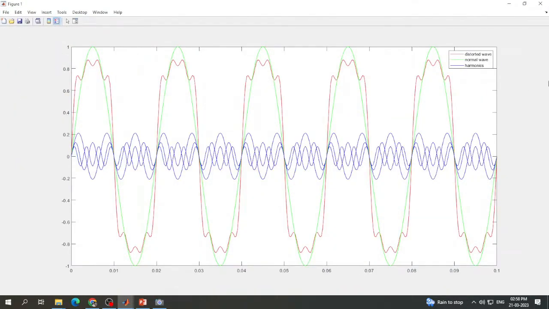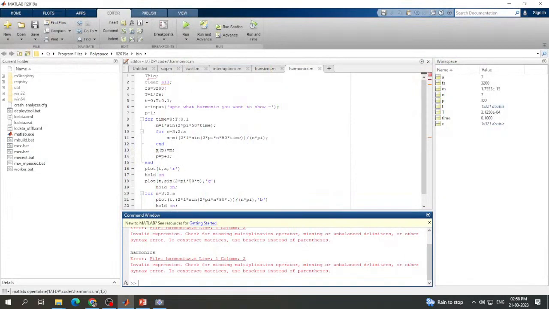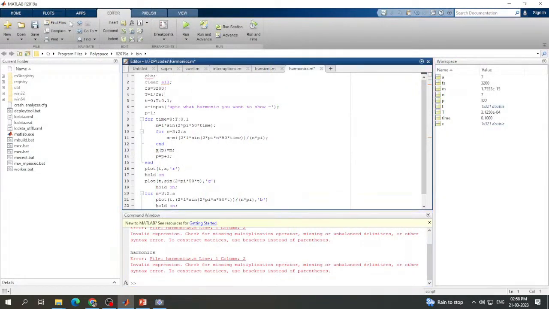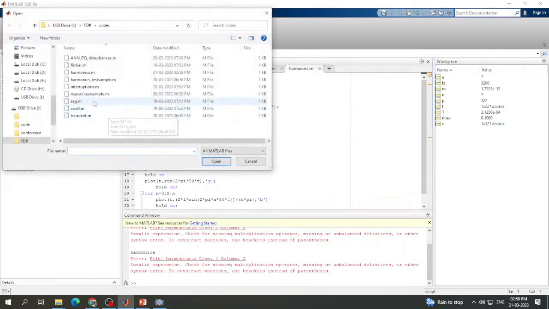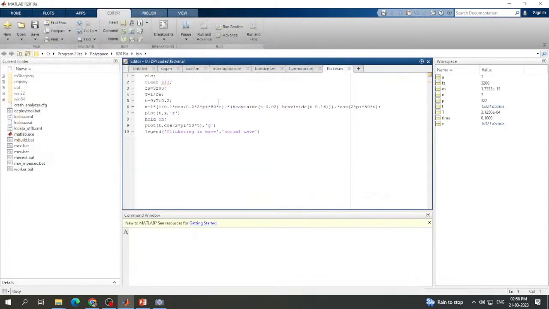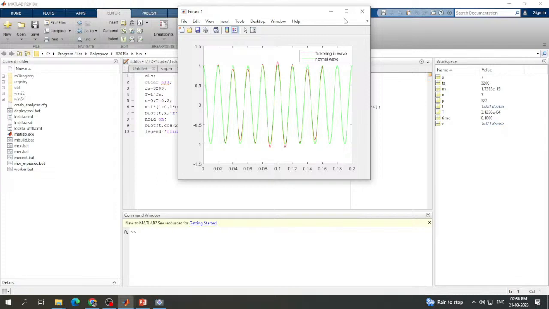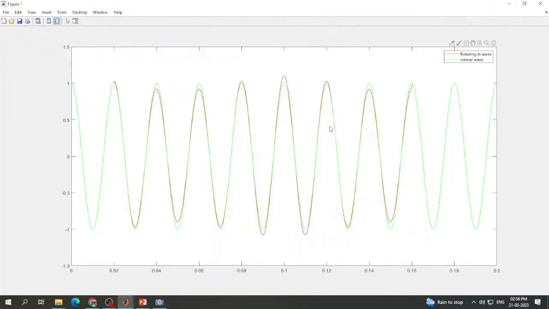This is the harmonic signal or harmonic disturbance. Green again is the normal one, red is the signal including the harmonics, and the blue ones are the third, fifth and seventh order harmonics. And this is flicker, where the voltage magnitude is changing following a sine function.